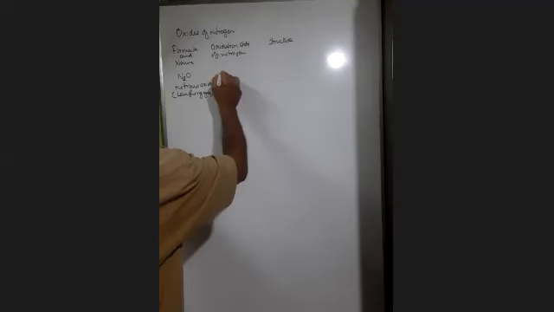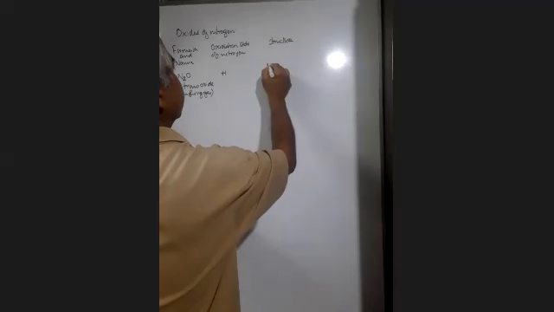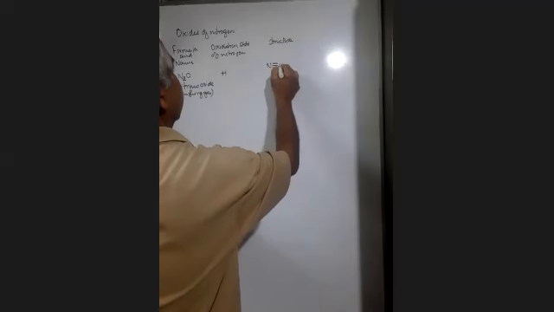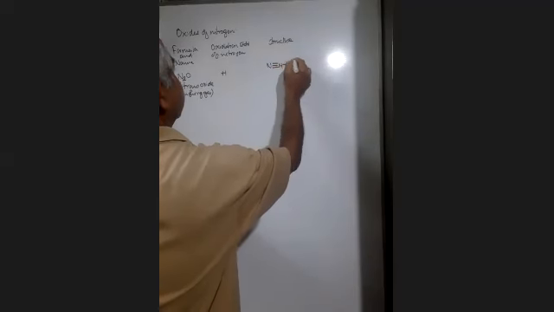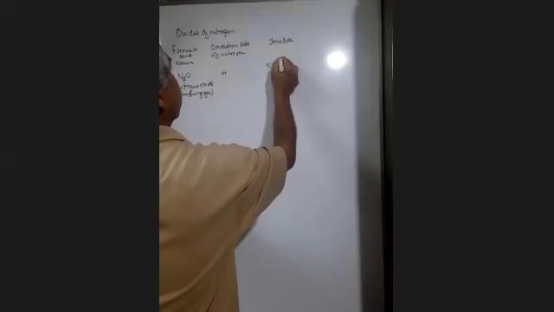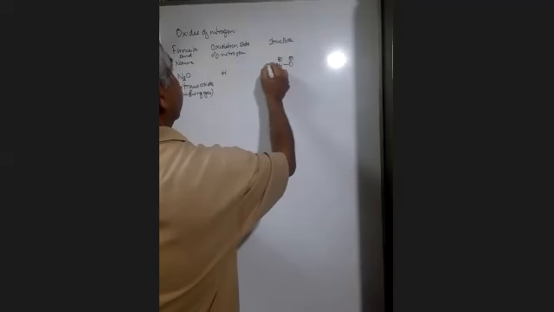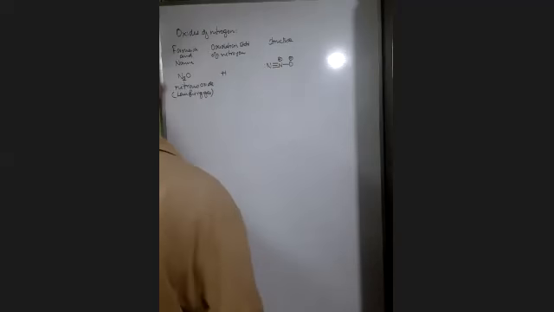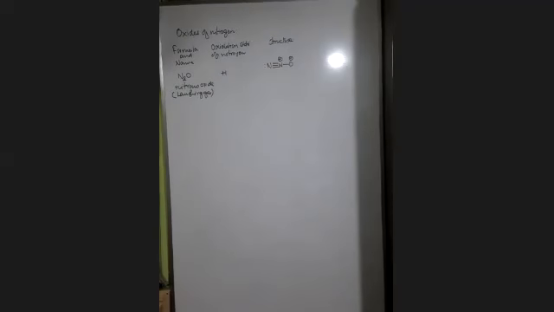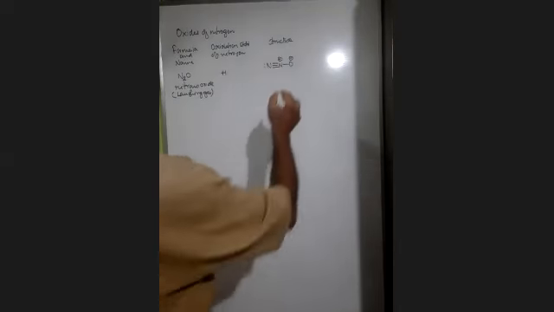Oxidation state of nitrogen is +1. So its structure is this one, and it undergoes resonance also.